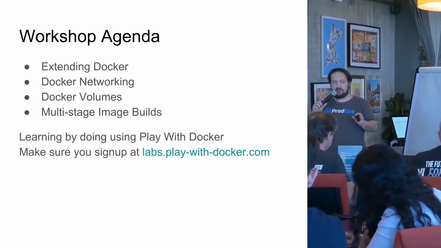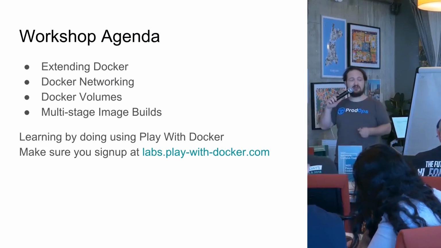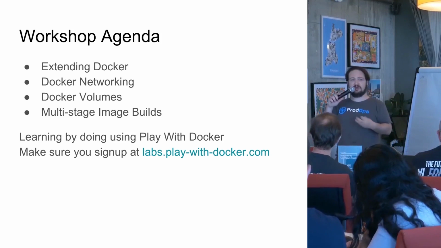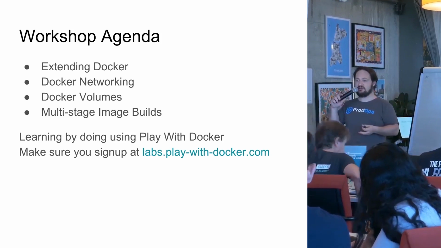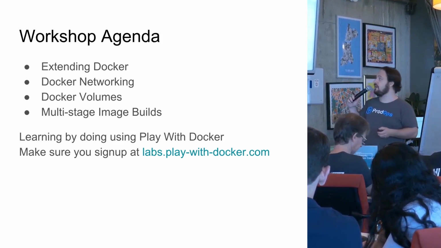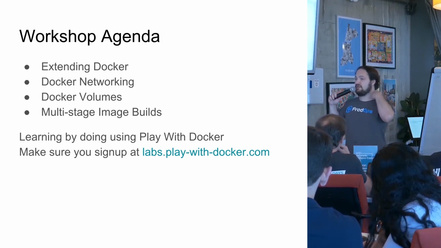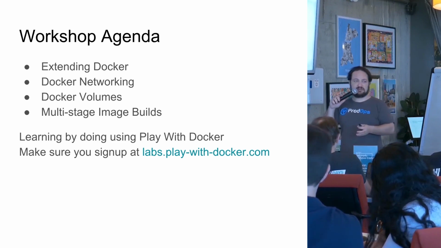So what we'll talk about today, we'll talk about a couple of ways to extend Docker, to do things beyond what the usual basic usage of Docker is. We'll talk extensively about Docker networking, what that is, what are the possibilities, how it works.